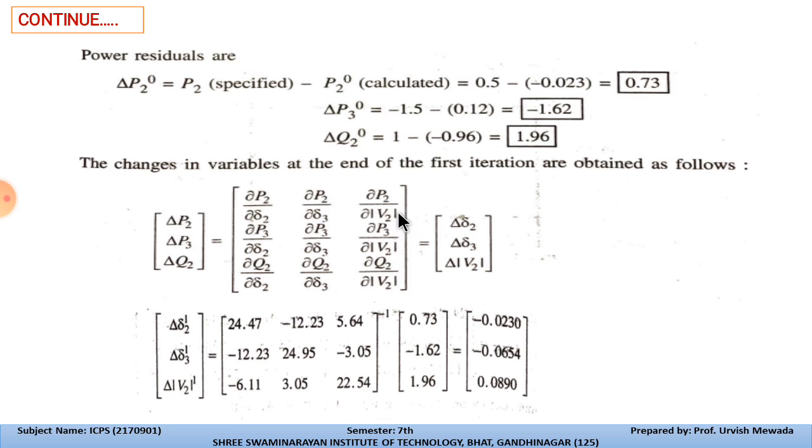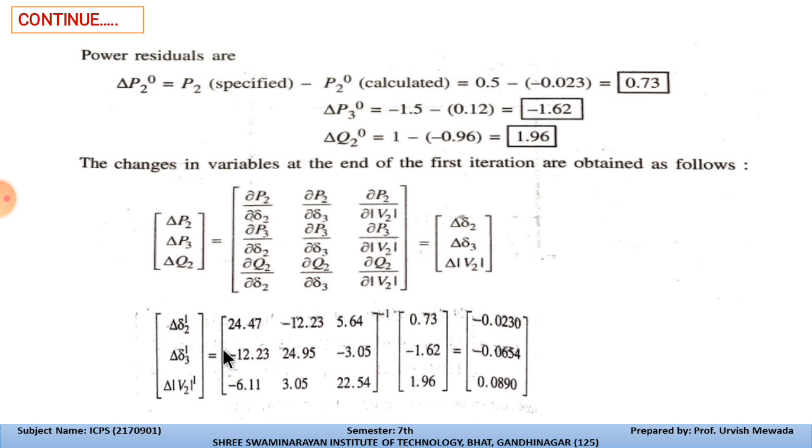And these are the voltage derivatives, that is del P2 by del |V2|, del P3 by del |V2| and del Q2 by del |V2|, and it is multiplied with delta 2, delta 3 and delta V2. So this is the value that we can write from this Jacobian matrix.